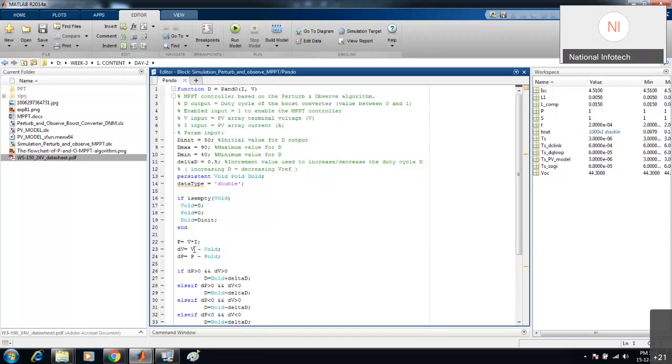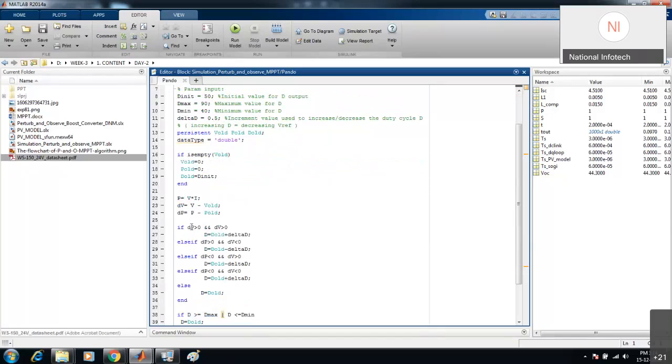P is equal to V into I, and then we get delta V. From delta V and delta P we check our condition, as we have seen in that algorithm: if delta P is greater than 0 and delta V is greater than 0, then we increase the duty cycle, and if it is not the case then we decrease the duty cycle. And when the case changes, the power is less than 0 and delta V is greater than 0, then we will also decrease the duty cycle.